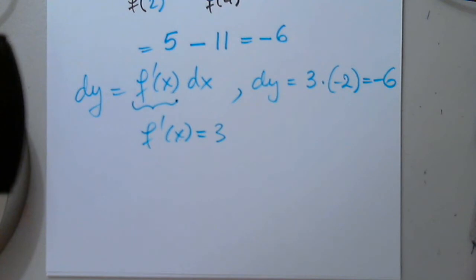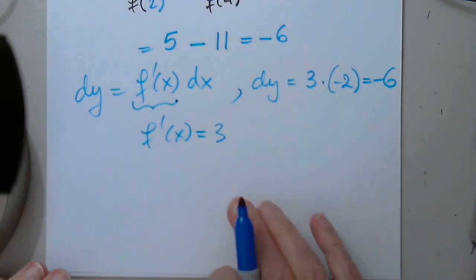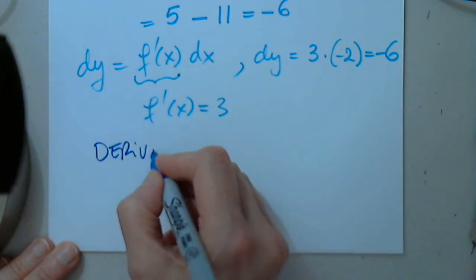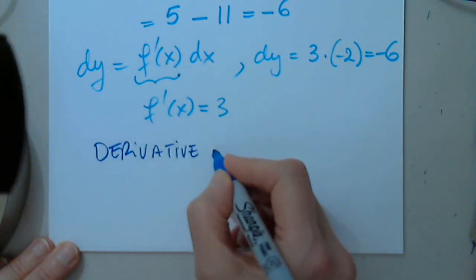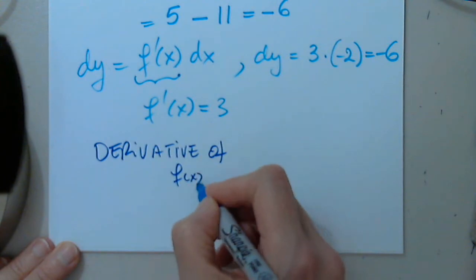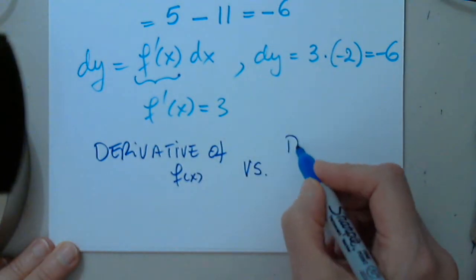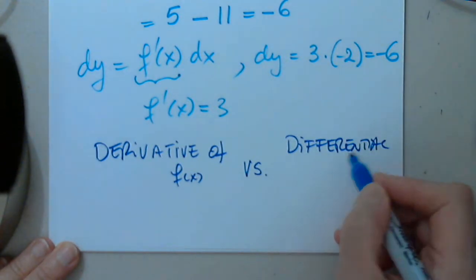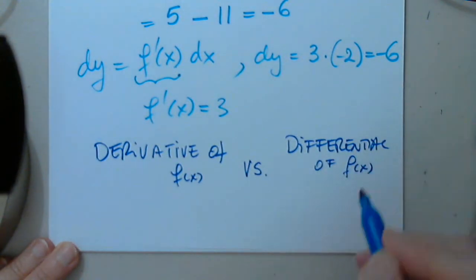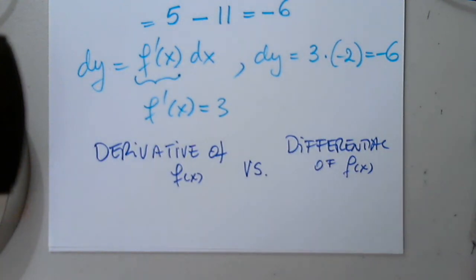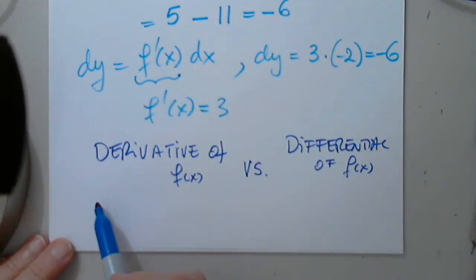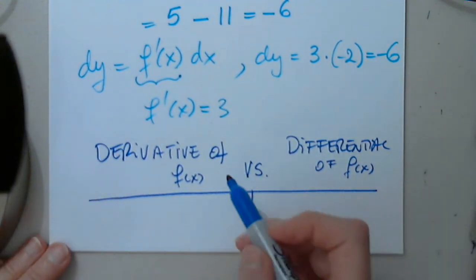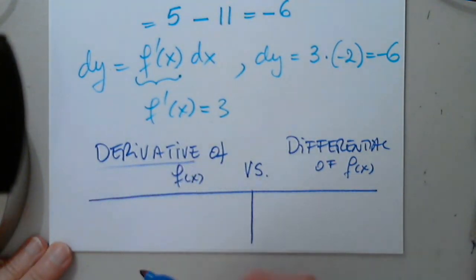Okay, before I continue with the next problem, I just want us to understand the difference between the derivative of f of x versus the differential of f of x. And then we'll continue with the next problem. So for a function f of x, can anyone tell us how do we write the derivative?